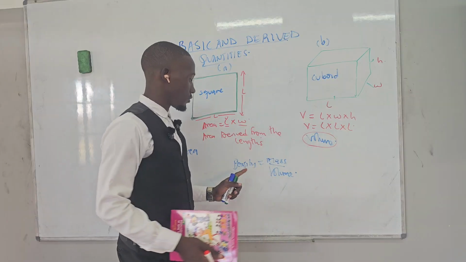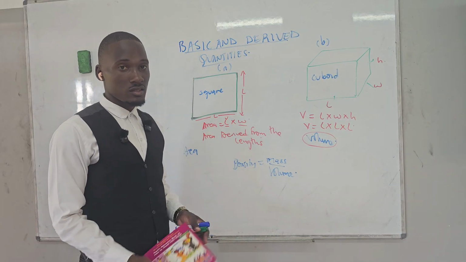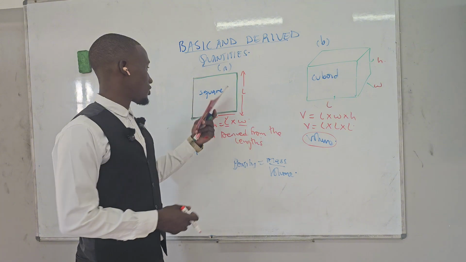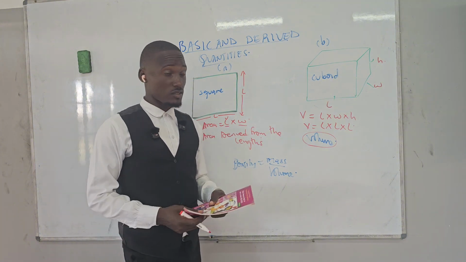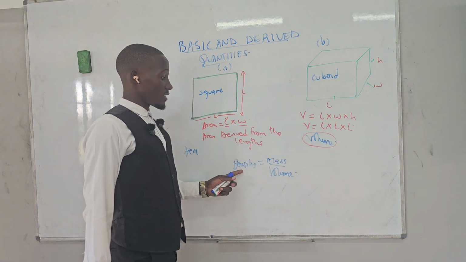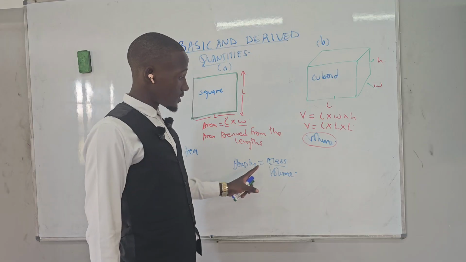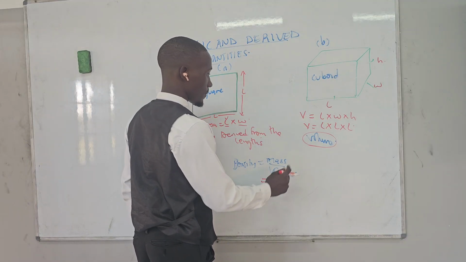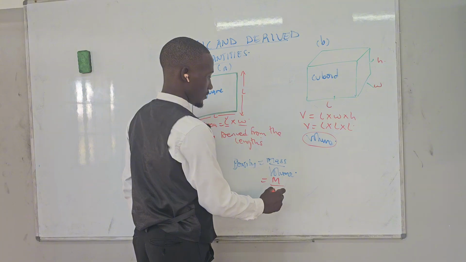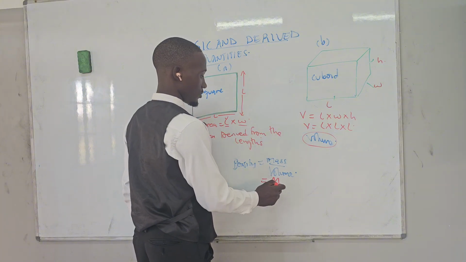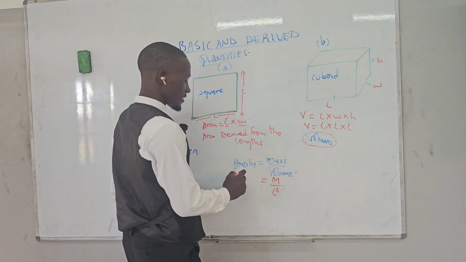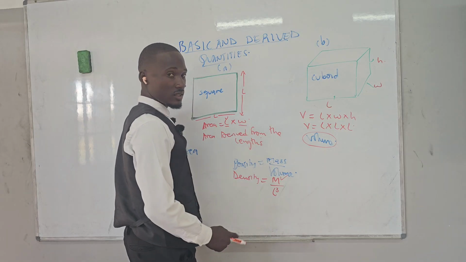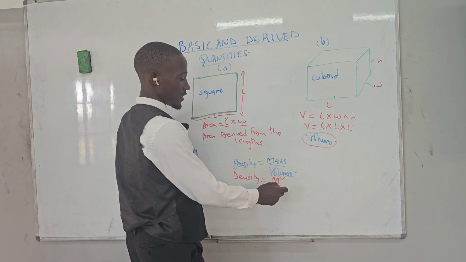How about if you want to know the density of this cuboid, assuming we know its mass? There we are likely to use this formula. Density is mass over volume, but the volume is length cubed. So you can see that the density is containing the mass and it is also containing length.